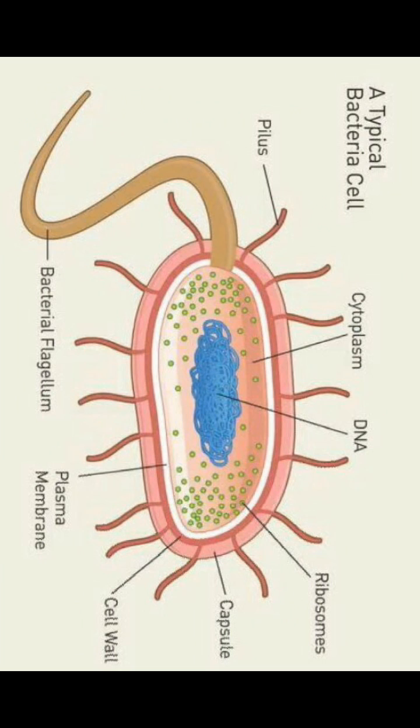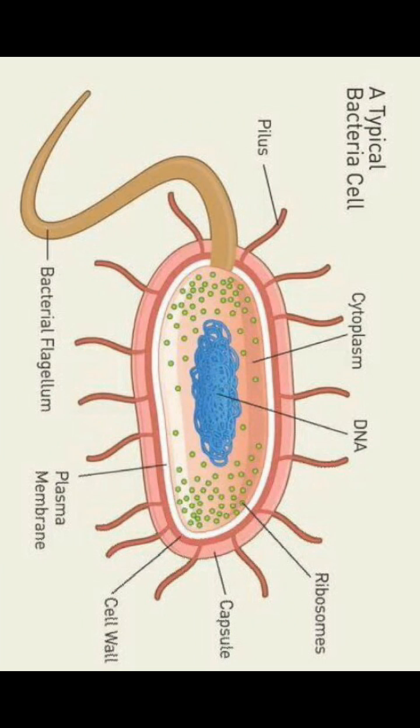In the cytoplasm there is only one non-membrane bound cell organelle present, that is nothing but ribosomes, as we learned in the previous class. So the fluid matrix filling the cell is nothing but cytoplasm. In the cytoplasm only a non-membrane bound cell organelle is present, that is ribosomes.